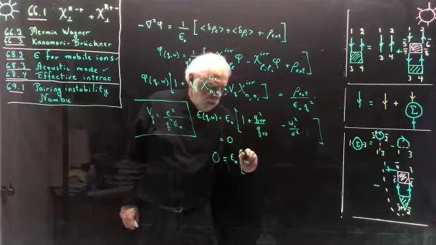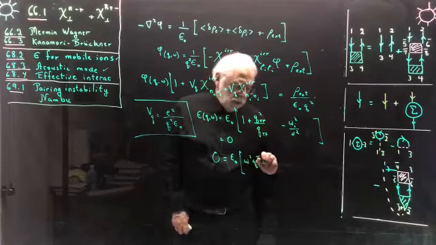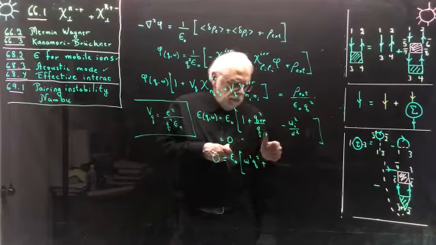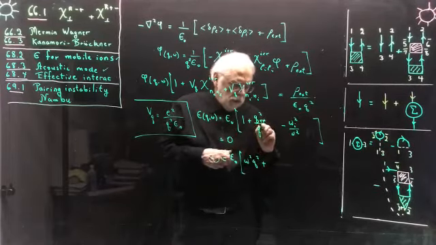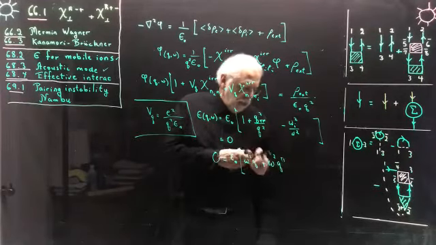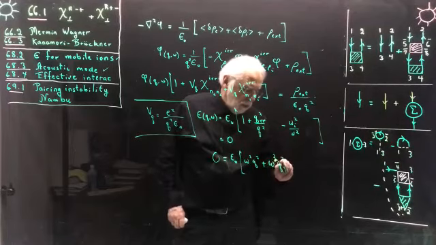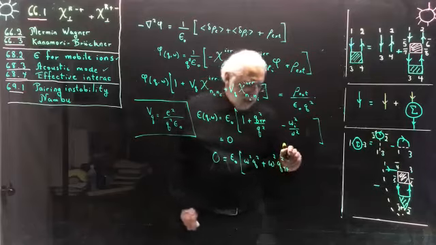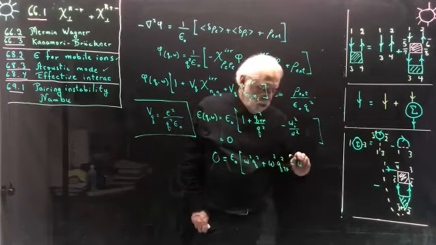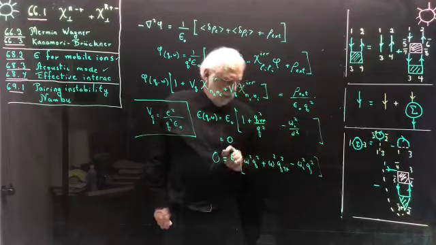So I have omega squared q squared plus omega squared q Thomas Fermi squared, and here I have minus omega ion squared q squared, because I multiply by omega squared q squared.